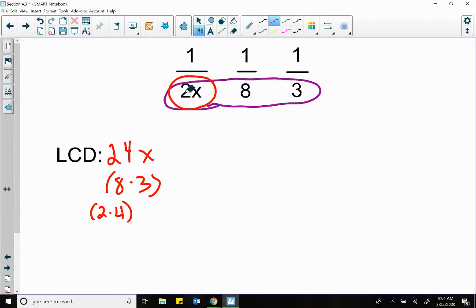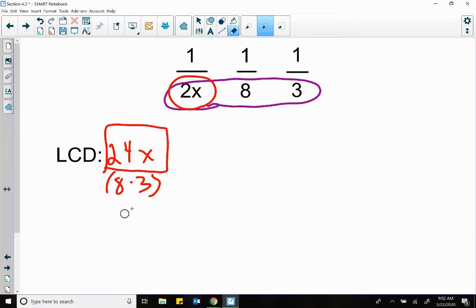So now I still have the 2 covered. So this is the least common denominator that we would turn all these fractions, 1 over 2x, 1 over 8, 1 over 3, into. More about that later on. Okay? So there is the least common denominator.